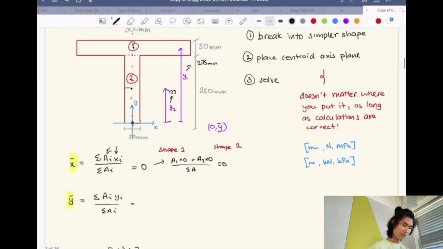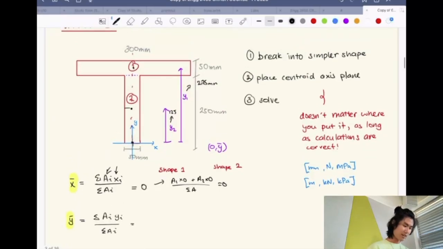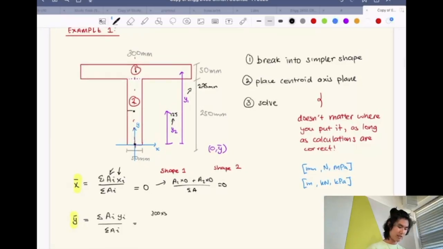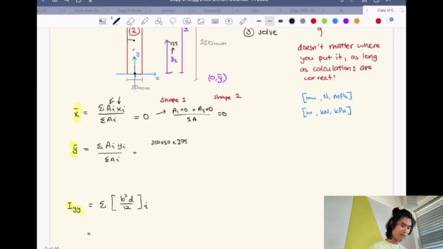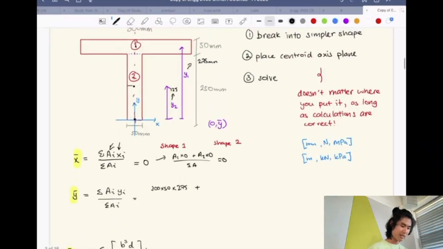Okay, so shape 1 will have the area of 300 times 50, correct? Yep, so we'll put 300 times 50 times y, which for shape 1 is 275, right? And then we'll add shape 2, which will be the area, 50 times 250, the breadth times the height, and then times 125, right?